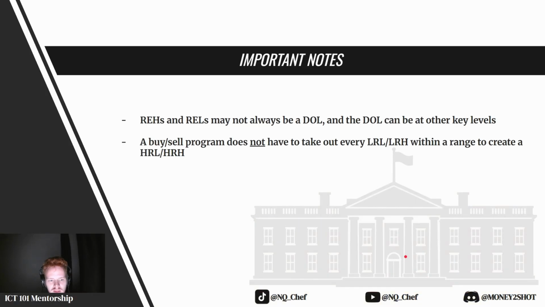Anyways, some important notes for relative equal highs and lows, high and low resistance highs and lows. Relative equal highs and relative equal lows may not always be a draw on liquidity. The draw on liquidity can also be at other key levels, especially imbalances, which we'll talk about in later videos.